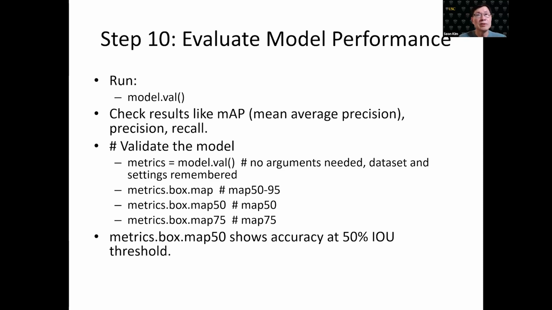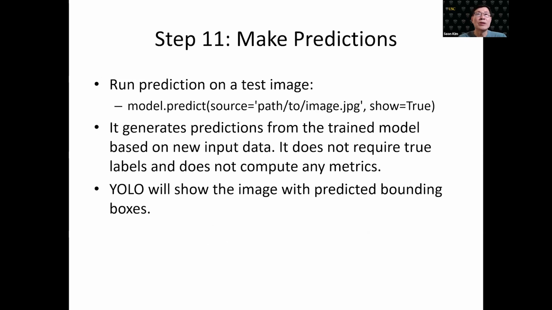Now we have accuracy. Let's assume the accuracy is reasonably good, maybe 70% or 80% accurate. Then you can use the program for prediction. It means you get some new image without any labels, provide the new image as an input to your model, and your model reads the image and generates the result.